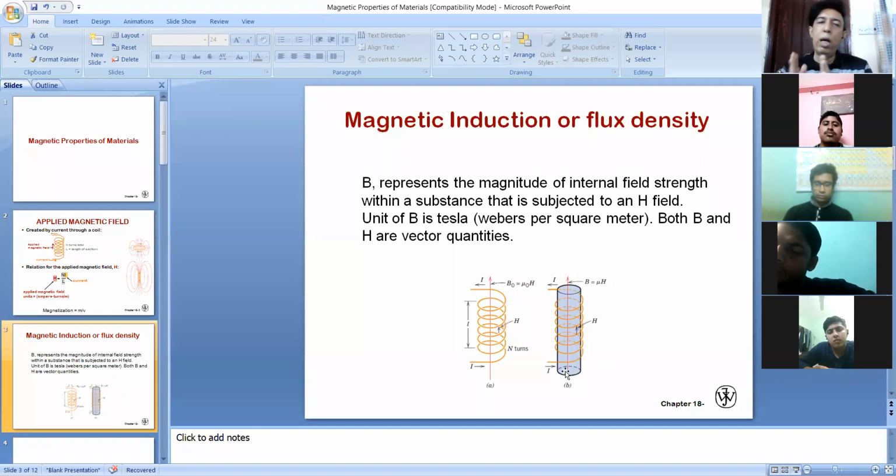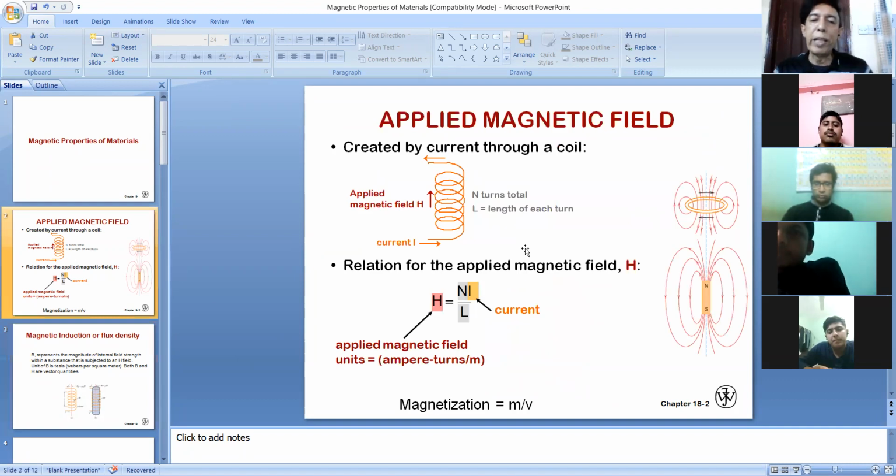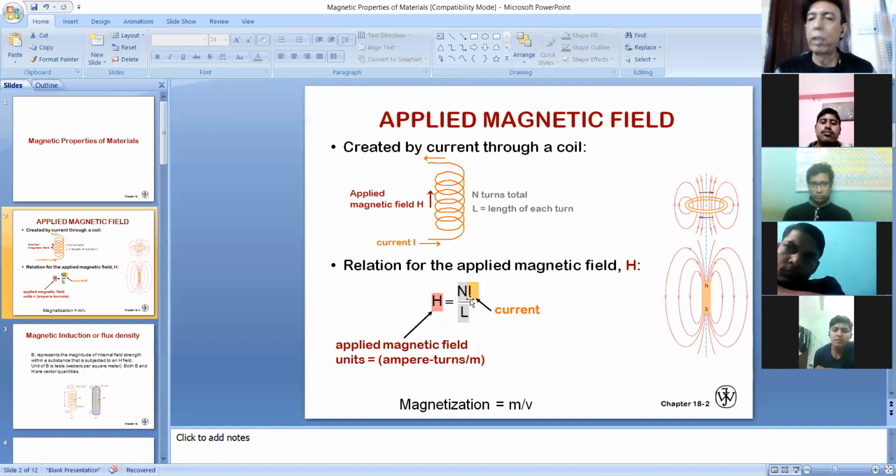Now, the unit of H was ampere turns per meter. How does it come? I is the applied current. The unit of current is ampere. N is the number of turns in the coil.